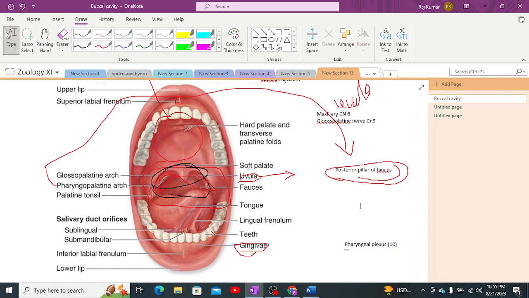The space between the tongue and the palatopharyngeal arch is known as the sinus, or tonsillar fossa. Tonsillar fossa. Sinus or tonsillar fossa.